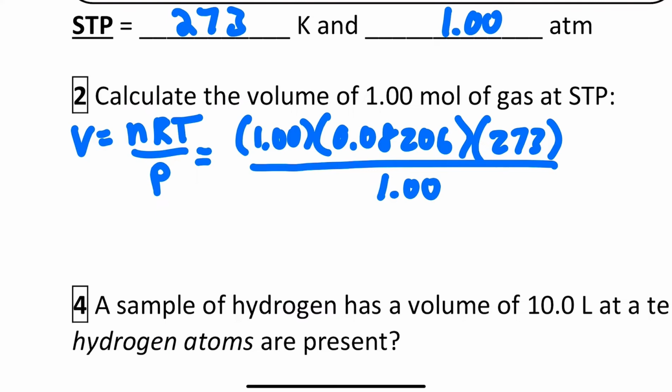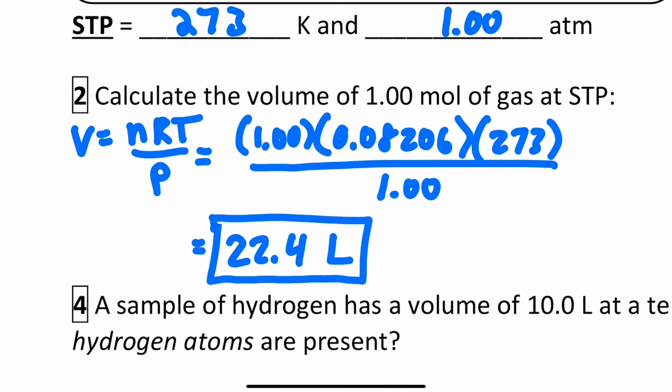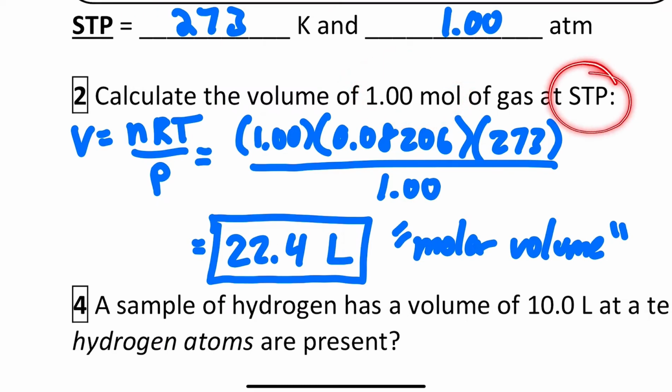If you dig out a calculator and plug that in, you get 22.4 liters. And that's a number that maybe you saw in your introductory chemistry class. This is called the molar volume. And it's how many liters a single mole of any gas will occupy at standard temperature and pressure. So it doesn't even matter what the identity of the gas is.